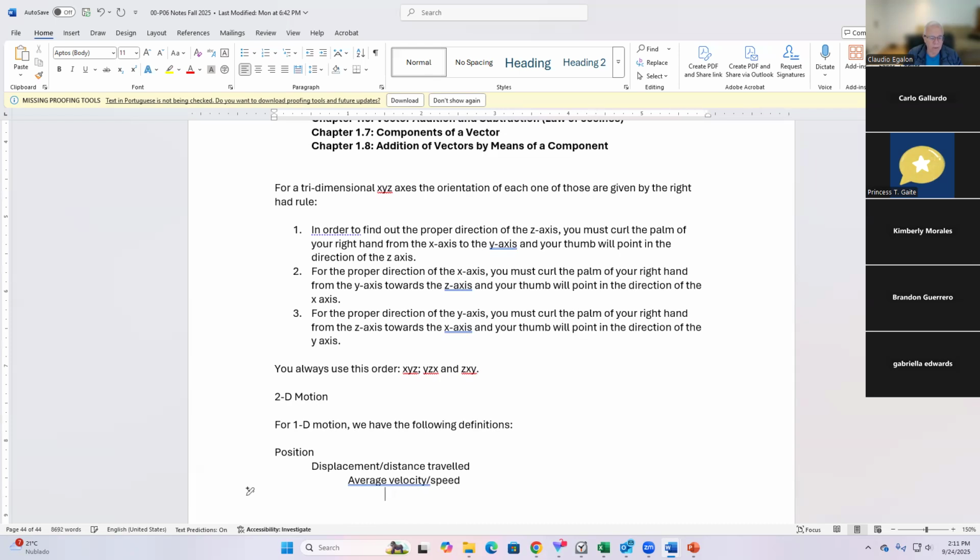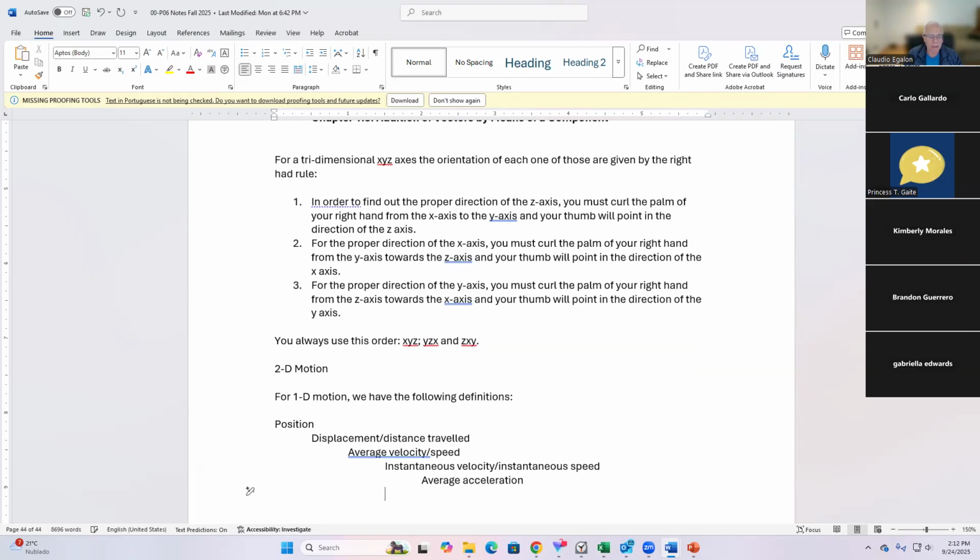Instantaneous velocity slash instantaneous speed. Then we have what? Average acceleration and instantaneous acceleration.